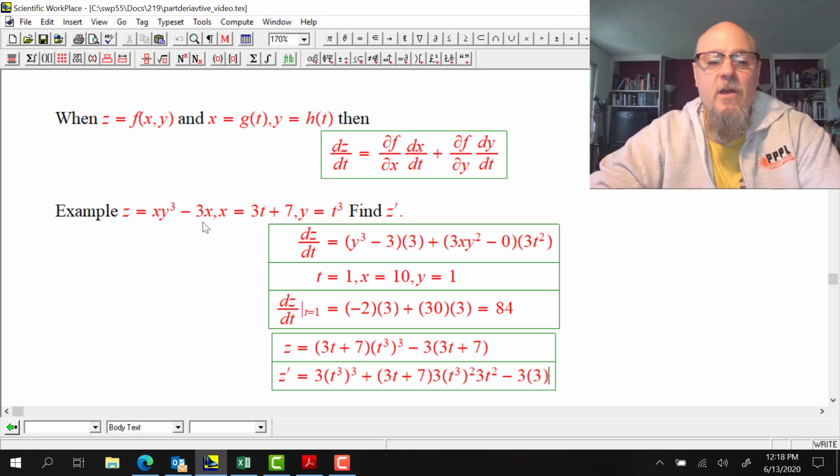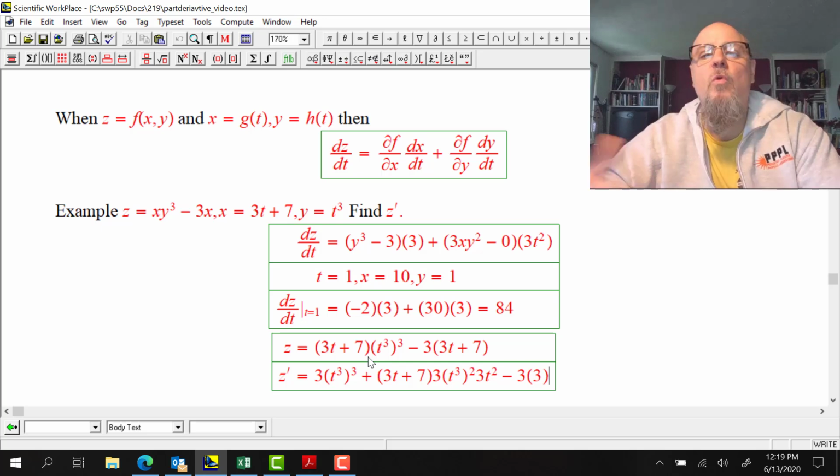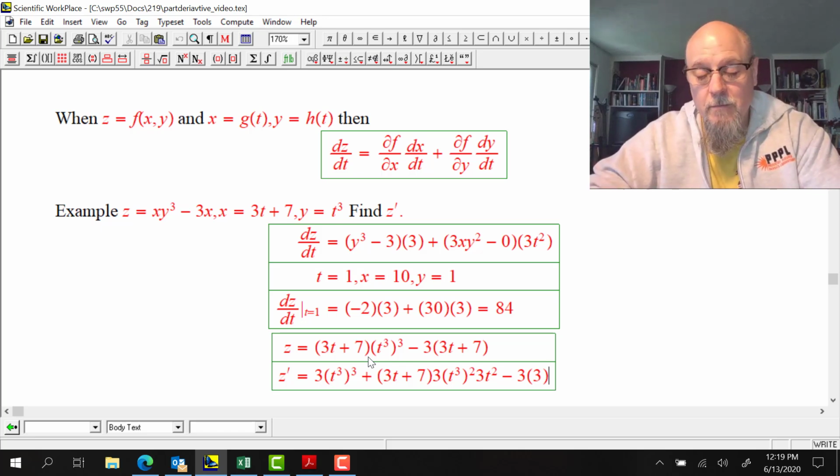There was a reason why the question was set up like this, where z is a function of x and y, and x is a separate function of time, and y is a separate function of time. And by getting rid of the intermediate variables, the x and the y, you've destroyed that piece of information. And then young me might have said, well, whatever, I get the right answer. But let's listen to old me, because old me's making the video.